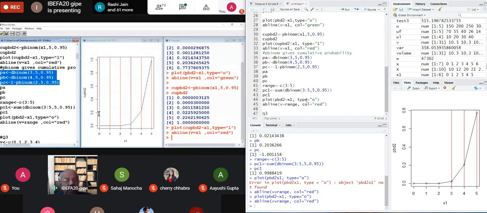Yes, so 3, 4, 5. So I have written here 1 minus P binom. Why? Because we subtract 0, 1 and 2 from the total. Because P binom will give you cumulative probability from the least value to the cutoff point. Correct now?